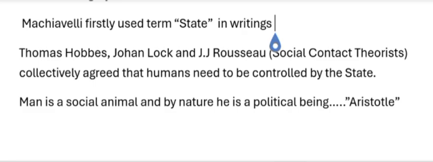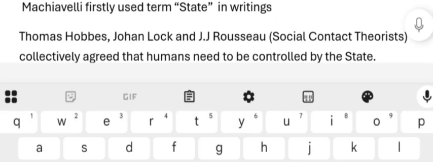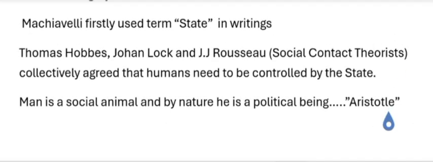About the state, we also have to discuss these three Western political philosophers: Thomas Hobbes, John Locke, and J.J. Rousseau. All three are also considered social contract theorists, who gave the theory of social contract, which will be discussed in another video.